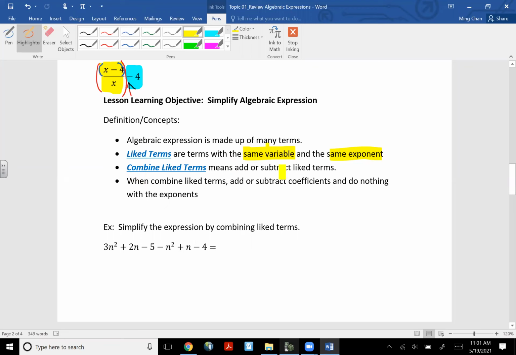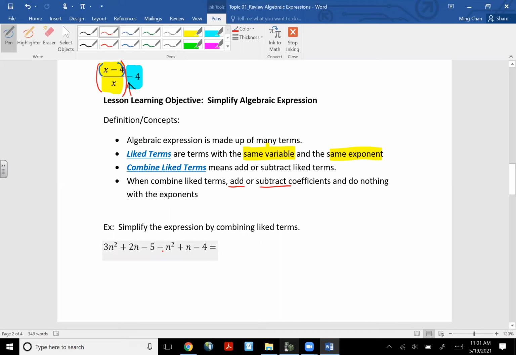When we combine them, all we do is add or subtract their coefficients, but we do not do anything with the exponents, because the exponent is what I needed to classify them as like terms. So a problem like this: 3n squared plus 2n minus 5 minus n squared plus n minus 4.